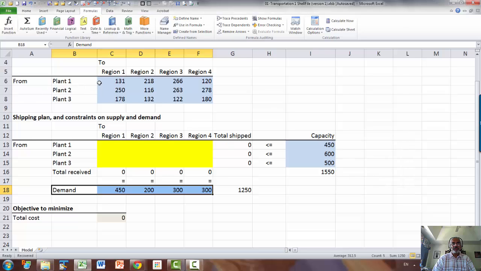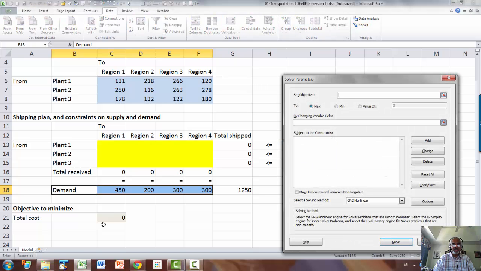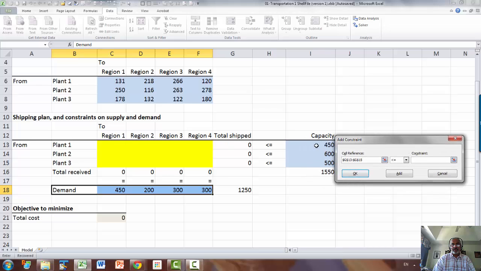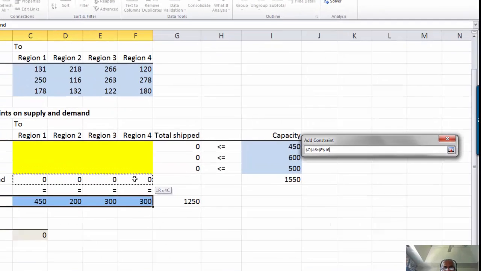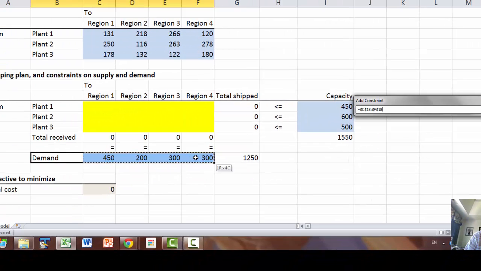Now we are ready to run solver. We need to minimize the total cost. The changing cells is this region, and the constraints are the total shipped is less than or equal to capacity, and then total received is equal to the demand.